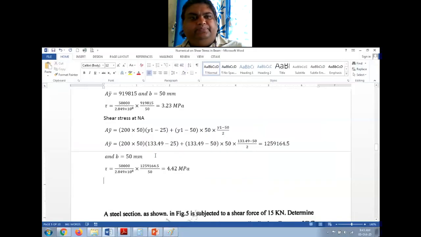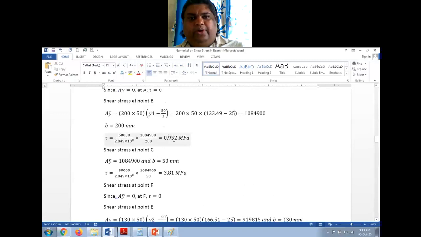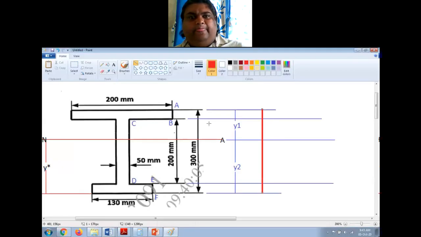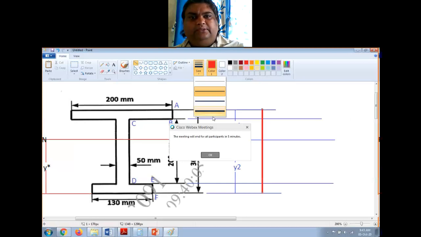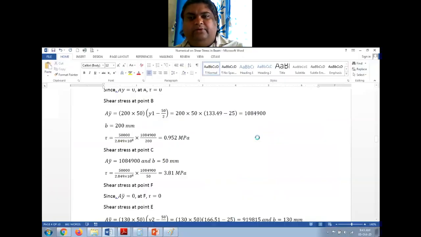At B, it is 0.952, and at C it is 3.81. So from here to here, let us say this is 0.942. So I have made a parabolic curve.